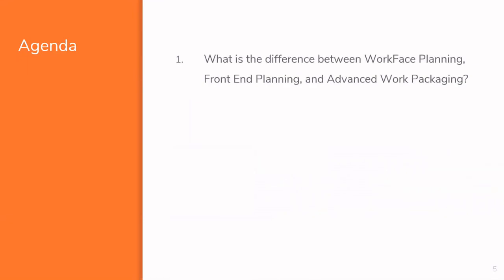So what we're going to do today is talk about what the difference is between WorkFace planning, front-end planning, and advanced work packaging, because these terms get thrown around, but I think it's helpful to understand what the difference between them is. Next, we're going to talk about how AWP is different from traditional construction.